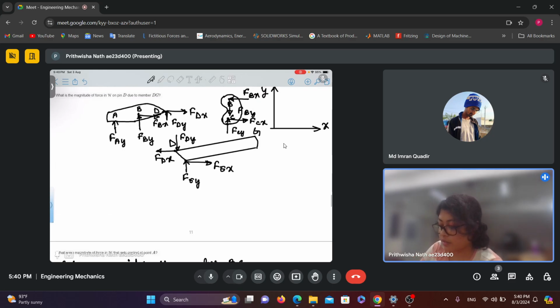See, from this free body diagram, we can see that FBX will be 0 if we consider moment about C. Understood, right?